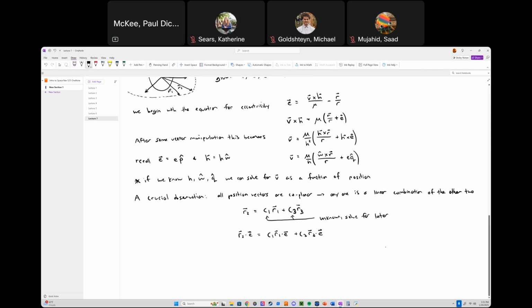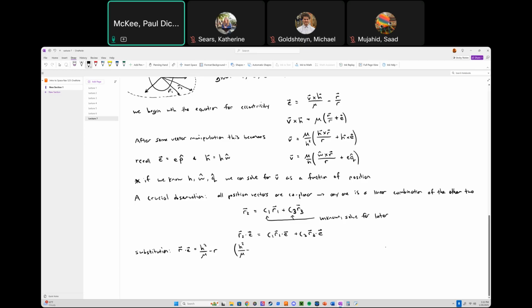However, we can make a substitution, and that is that R dot E is equal to h squared over mu minus r. So this gives us h squared over mu minus R2.